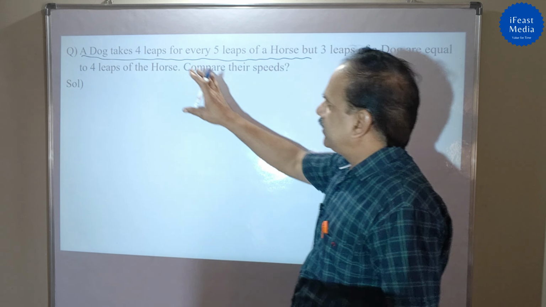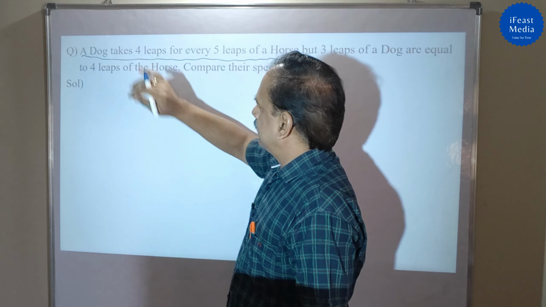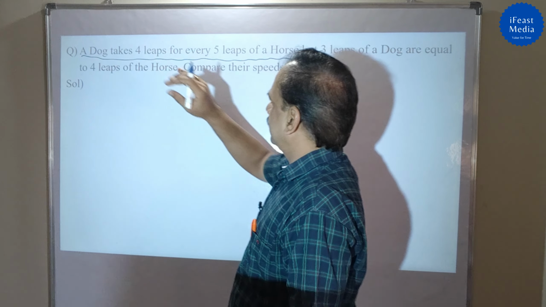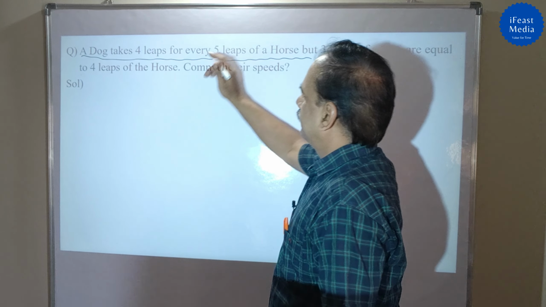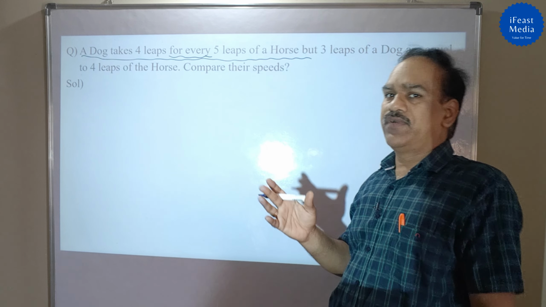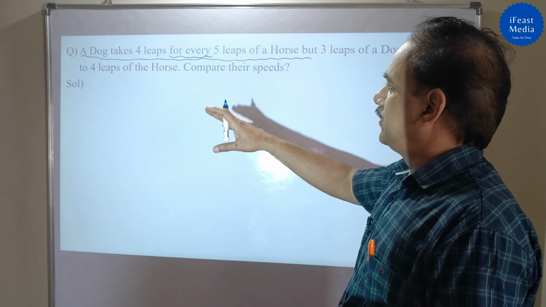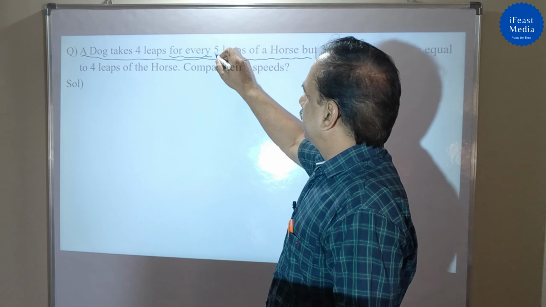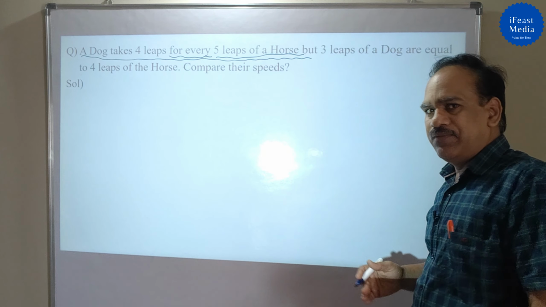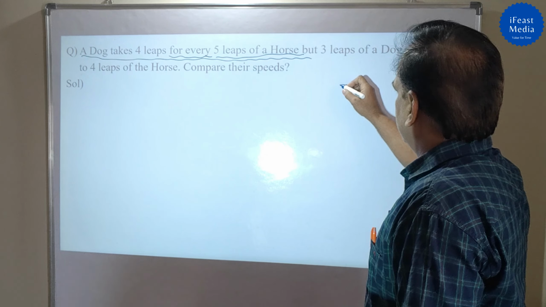So the time taken for the dog to cover 4 leaps is equal to time taken for the horse to cover 5 leaps. So times are same, right?